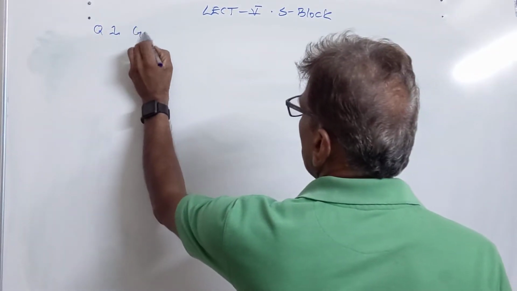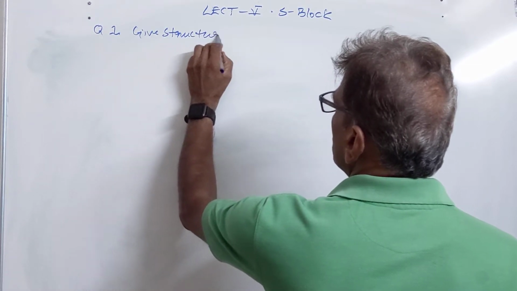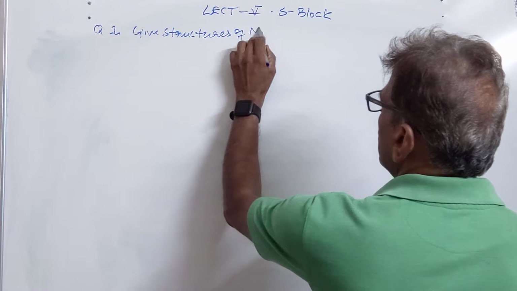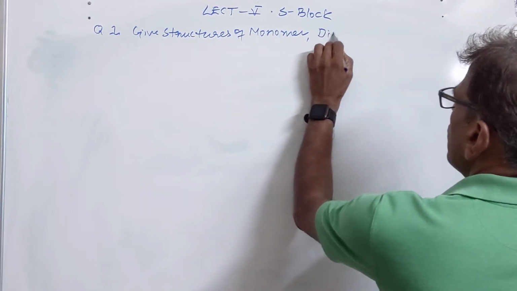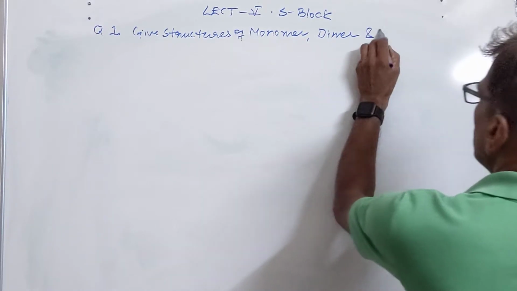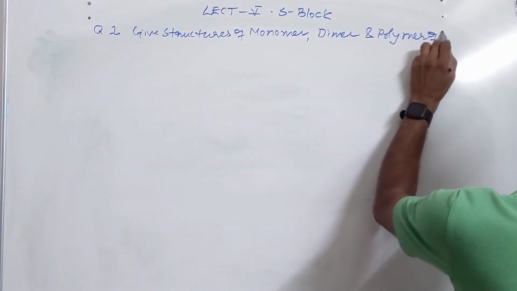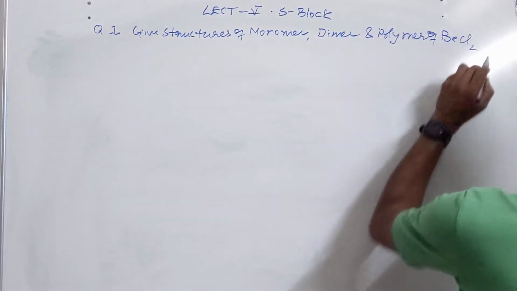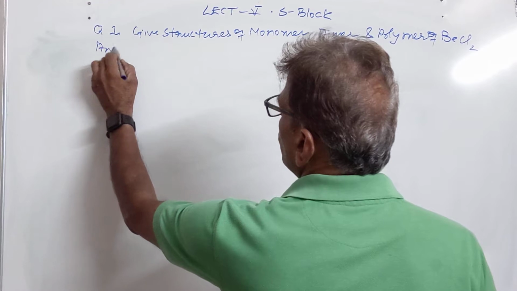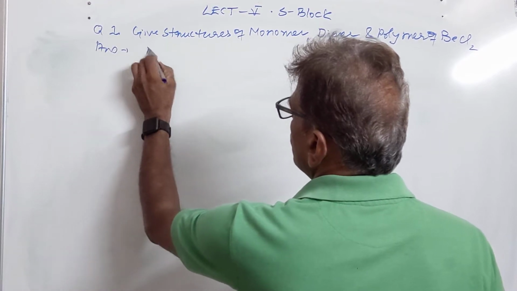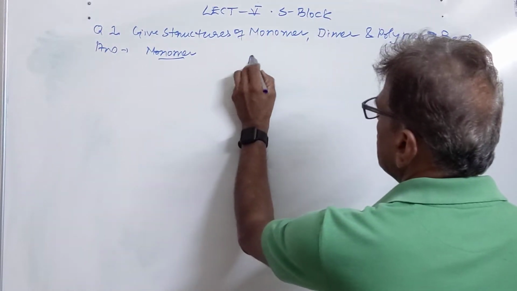Question is, give structures of monomer, dimer and polymer of BeCl2. So the monomer of BeCl2 is like this.